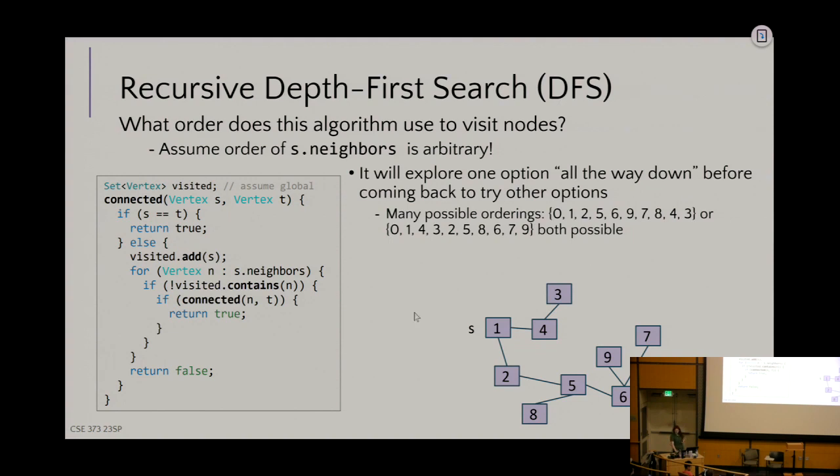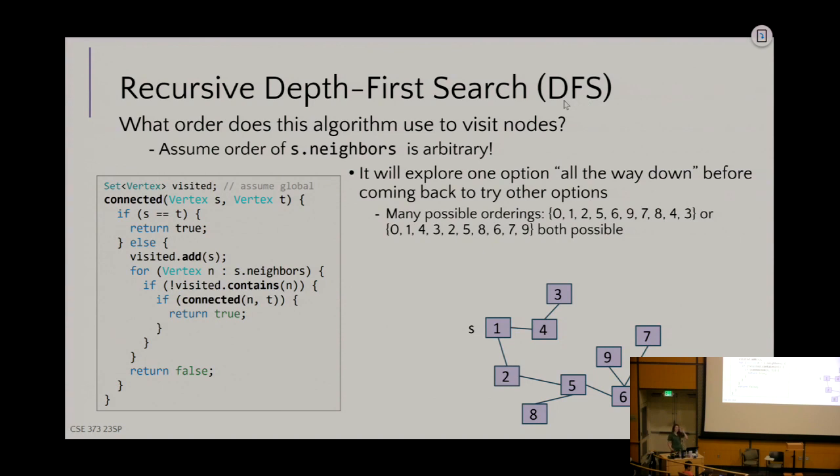We would start at source, and source has two neighbors, 4 and 2, but if 4 is the first neighbor we're going to look at, then we're going to look at 4's neighbors before we ever come back around and look at the other neighbors of 1. So we follow a singular chain of neighbors before we come back around to finish all of the original neighbors of 1.